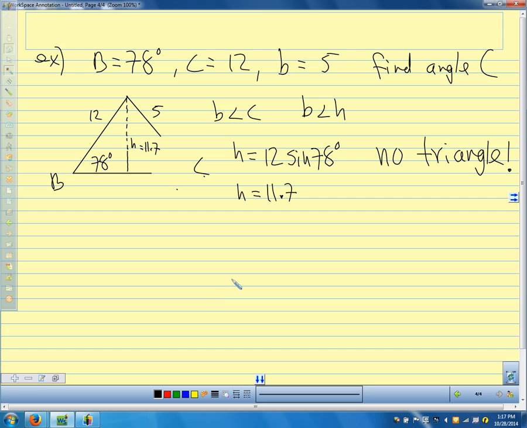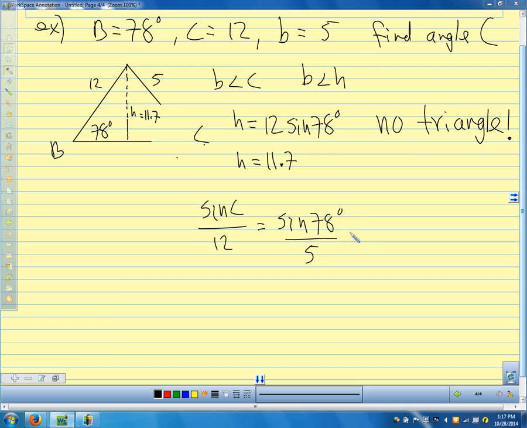Now if you didn't find your height, if you just went and started calculating with law of sines, we would say sine C over 12 equals sine 78 over 5. And this tells me that sine C is 12 sine 78 over 5.